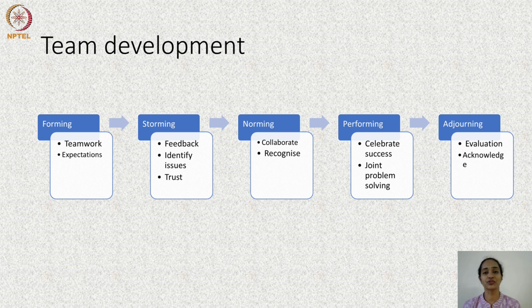In the first phase, which is the forming phase, the main challenge is to help the team members develop a good understanding about each other and also set clear expectations about what the team has to deliver for the team task. Here, it is very important that the team members understand how they fit in.